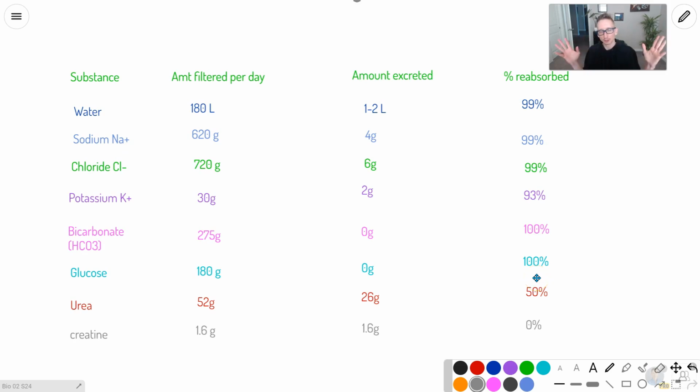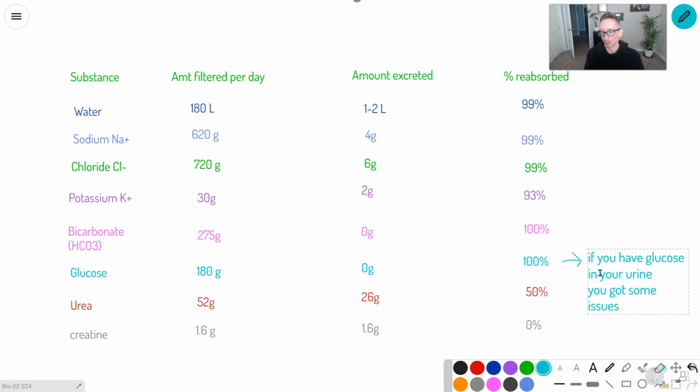It's constantly running all of it through there so that it can adjust these as needed to slightly hold more salt or less salt, more or less water as needed. And the one that I want to talk about now, like this one's really interesting because you don't lose glucose. So if you have glucose in your urine, you got some issues.